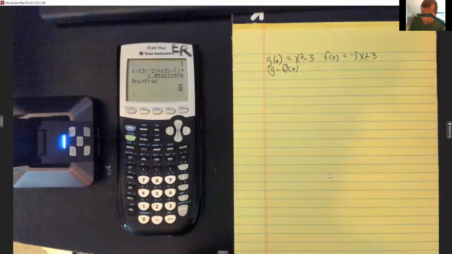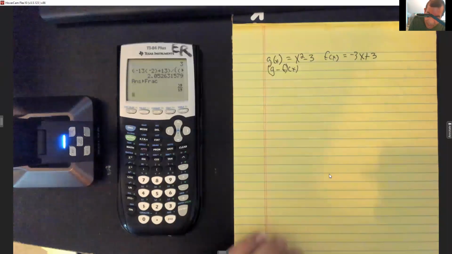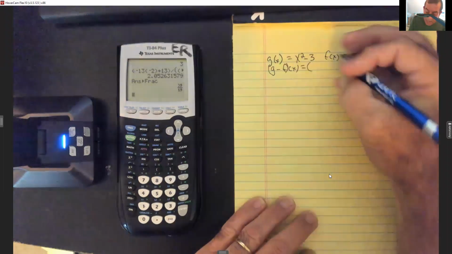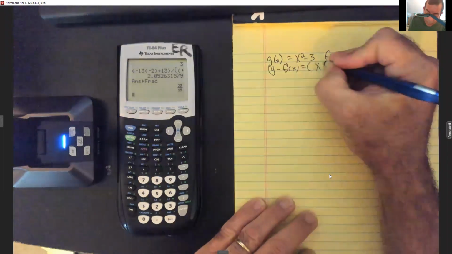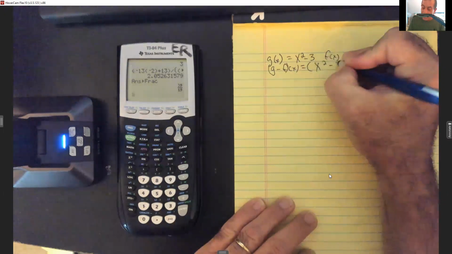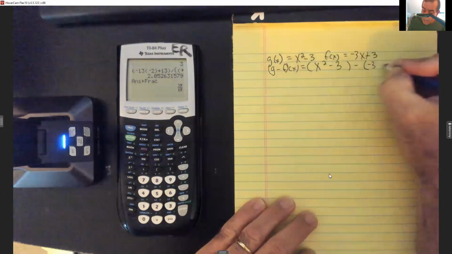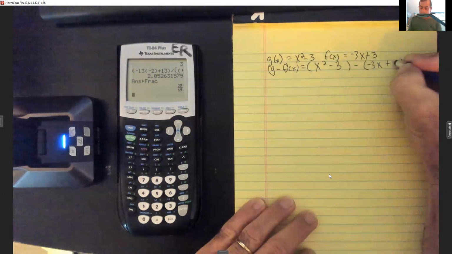All right, so subtraction, g minus f of x will equal my g minus my f. My g is x squared minus 3. My f is negative 3x plus 3.